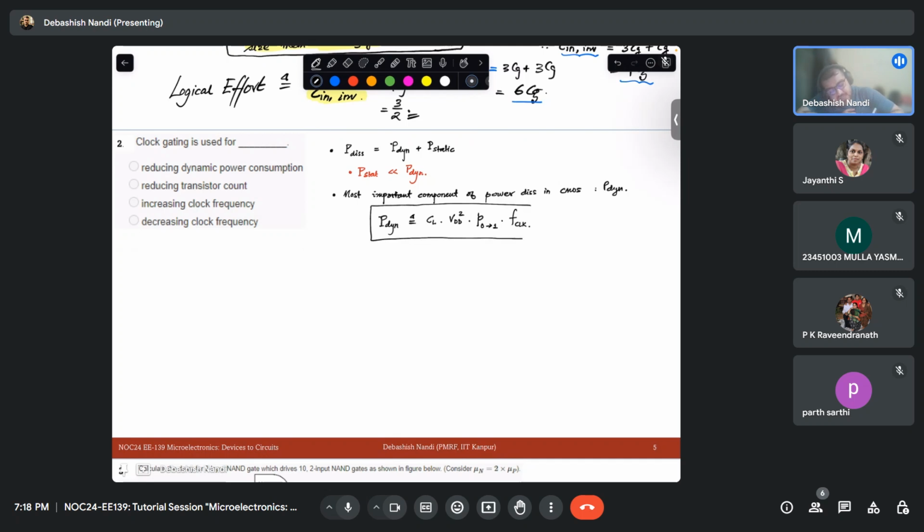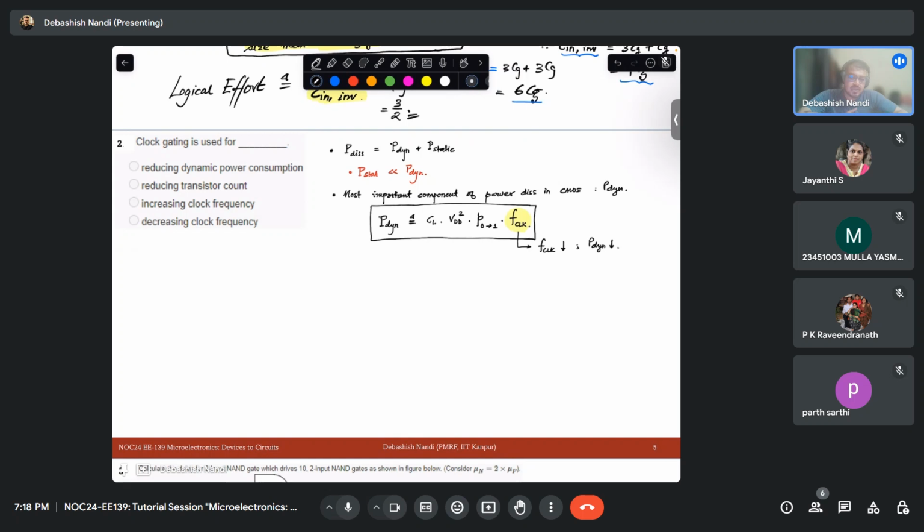This we have discussed in detail in the last session. So one of the ways to reduce the dynamic power is by reducing your F clock, or the clock frequency. If you reduce your F clock, then your P dynamic reduces.